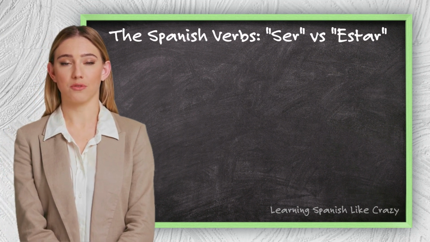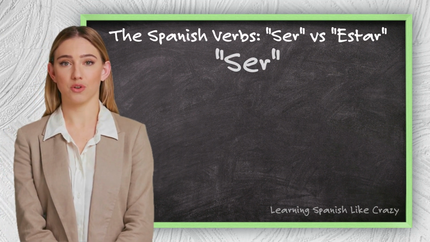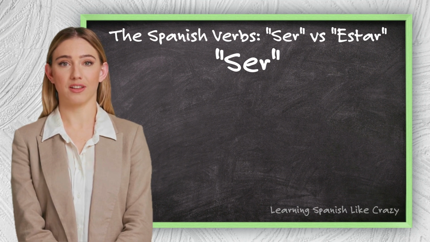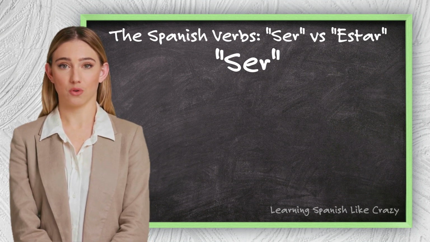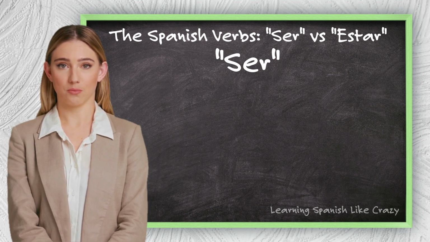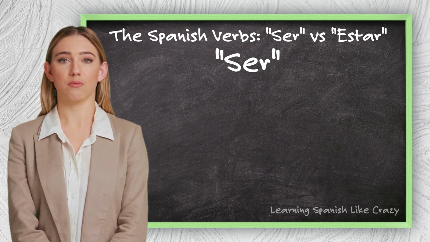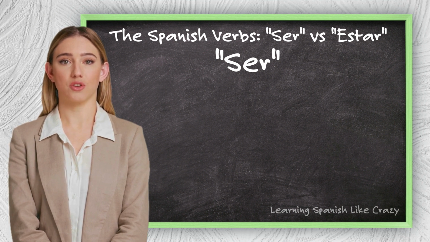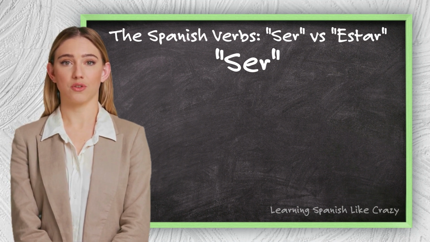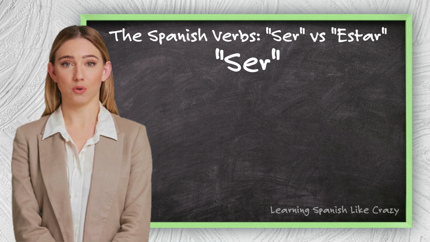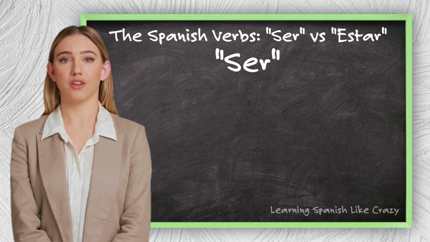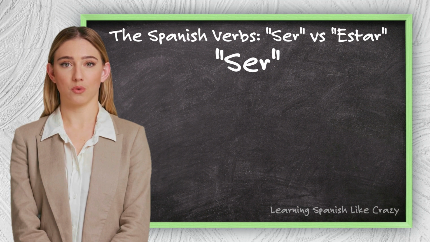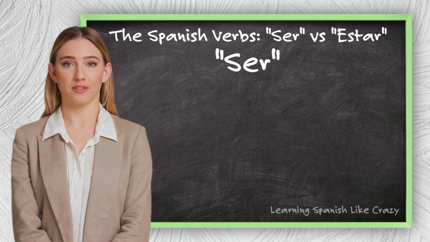Let's start with Ser. We use it to describe permanent characteristics, identity, nationality, professions, and inherent qualities. It's a fundamental component of the Spanish language. It allows us to express essential and unchanging aspects of a person or thing. This verb is used in various contexts, such as identity, nationality, professions, and inherent qualities.